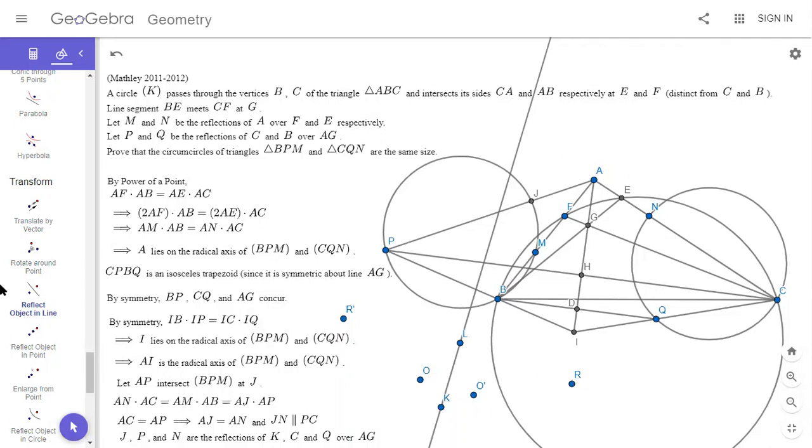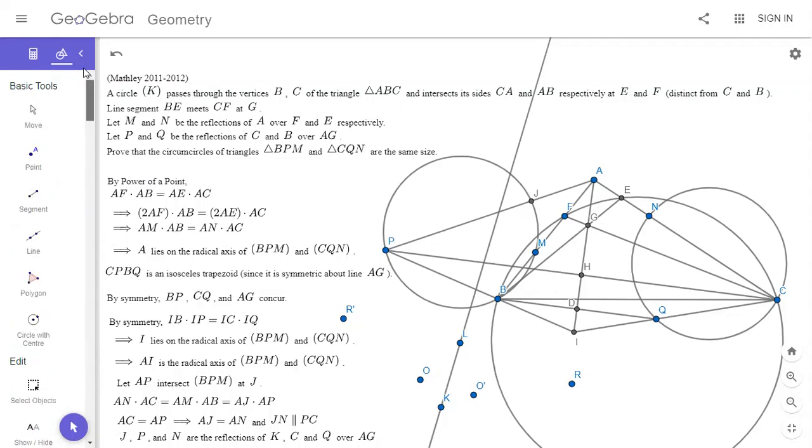But what line are you talking about? AG, because P and Q are the reflections. Oh, it's given. Okay. Yeah. So this is the proof.